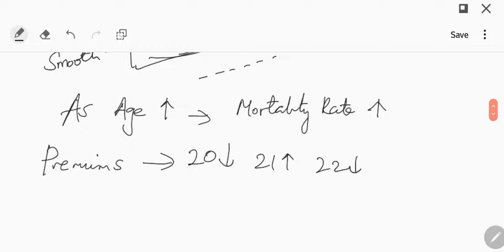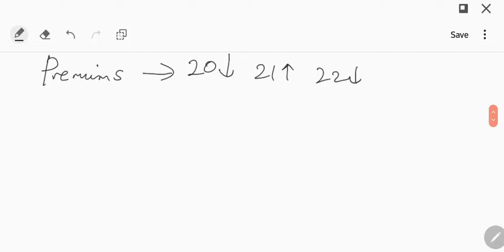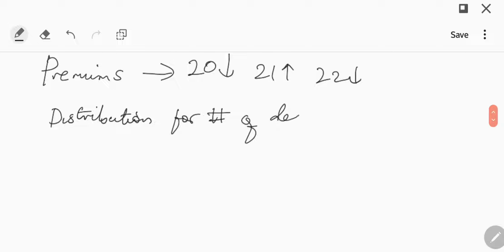So now I can look out for the distributions for the number of deaths. So I can create a distribution for the number of deaths.